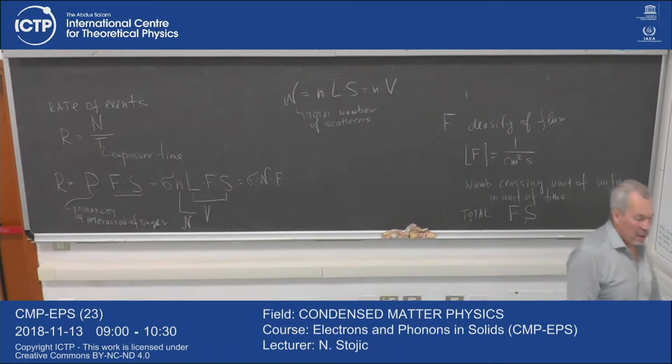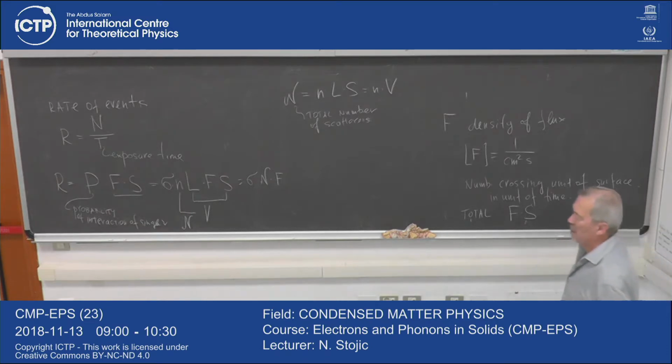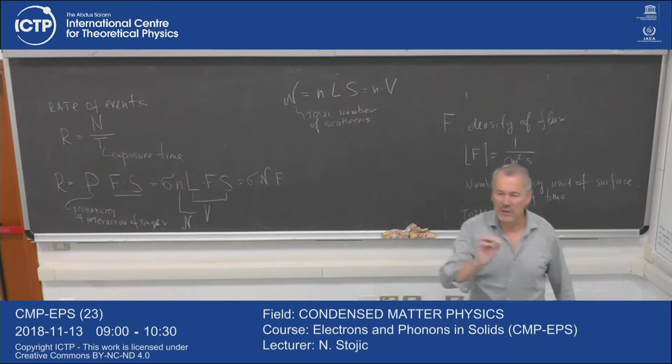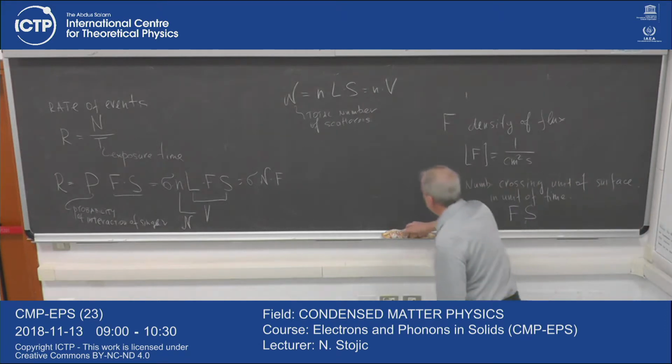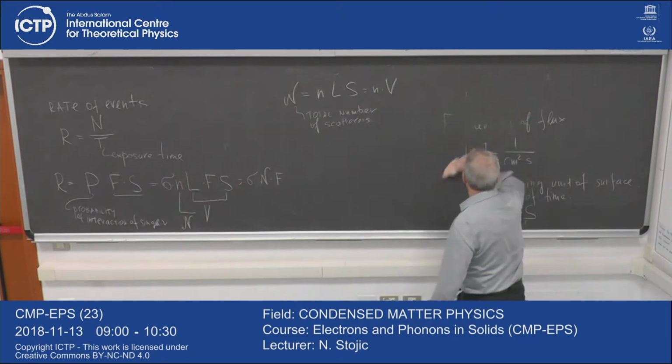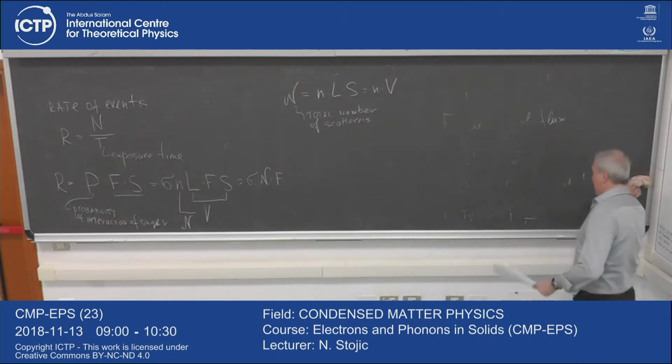So very often you have, say, a complicated material, and neutrinos are interacting only with some component of the material. So this is the total number of scatterers with which neutrinos are interacting. So this is useful for us.